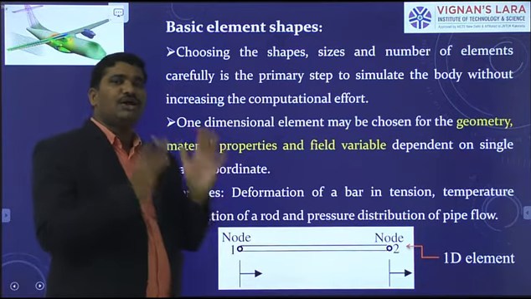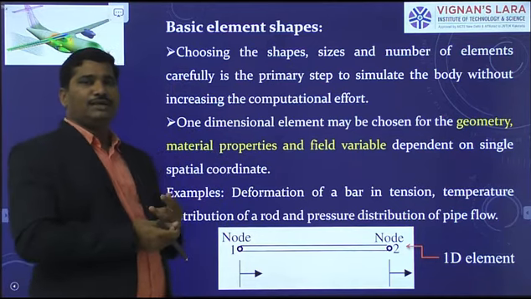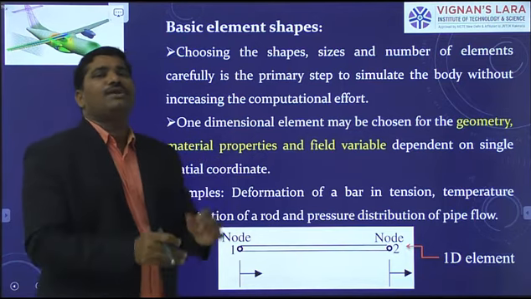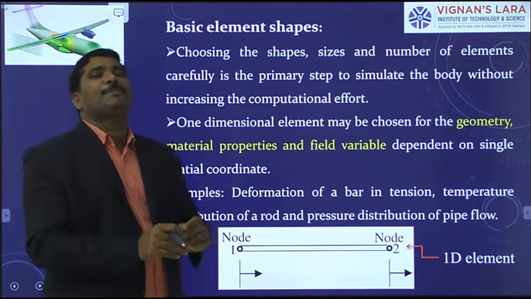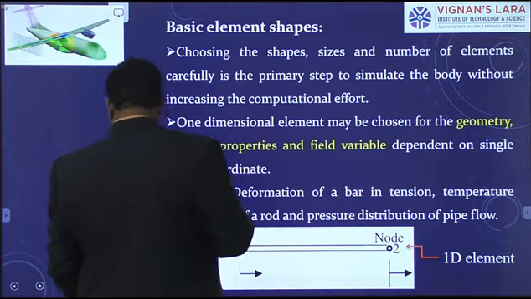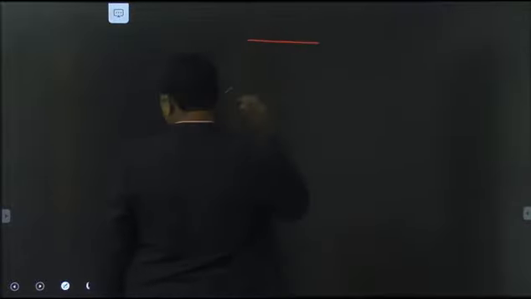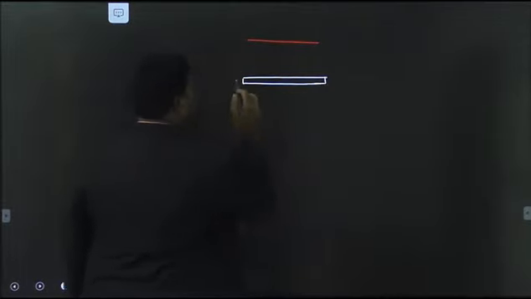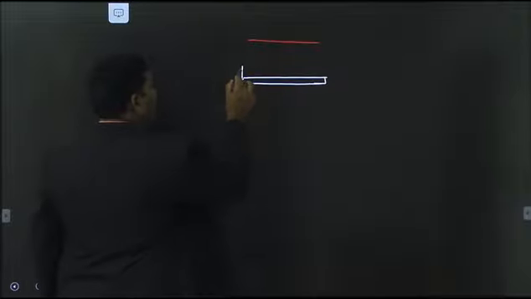You can choose the one-dimensional element when the material properties, geometry and the field variable are completely dependent on one variable. I explain. Take an example. Now, let us take a bar of uniform cross section. This is a bar of uniform cross section. One end of the bar is fixed.